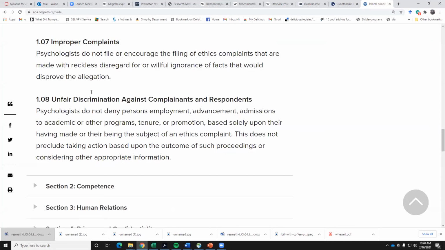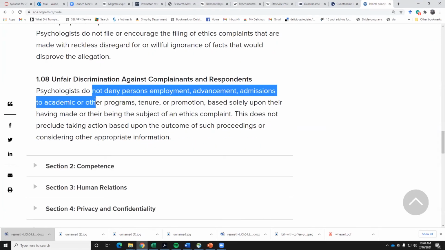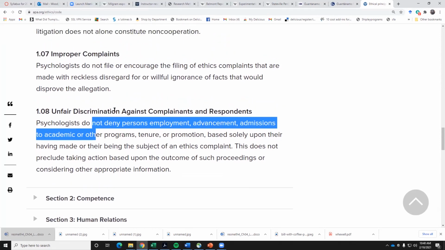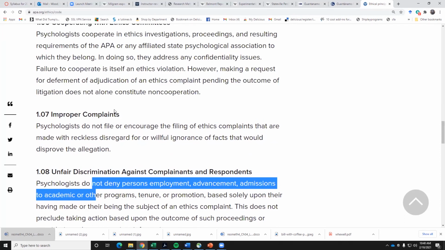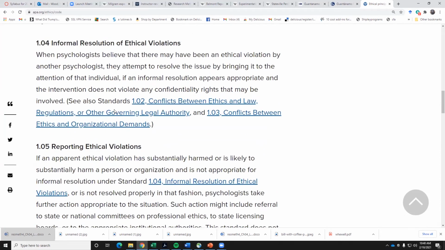You also can't discriminate against people who do complain, or the respondent for that matter. So those are some things that don't actually usually get mentioned in the ethical code that I thought would be of interest.